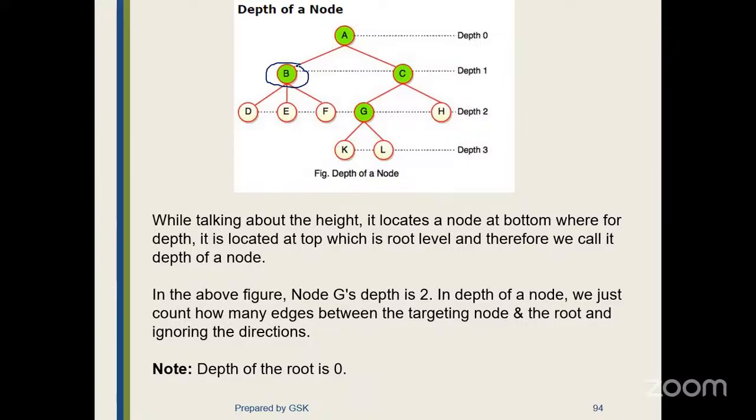For that, we need to count how many edges there are between node B and the root node. Only one. That's why the depth of B is 1. The same happens for C also. Same level nodes have the same depth.